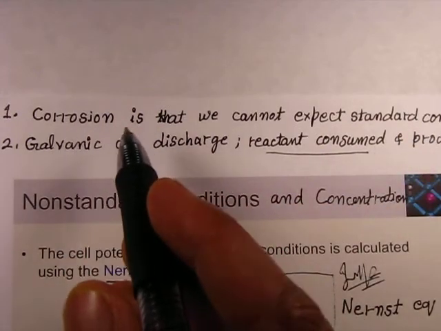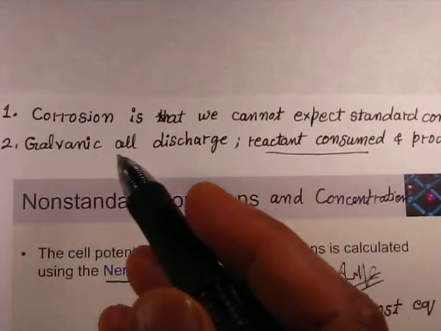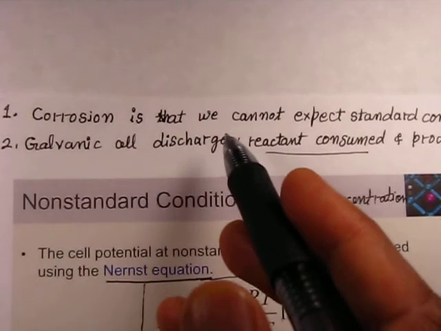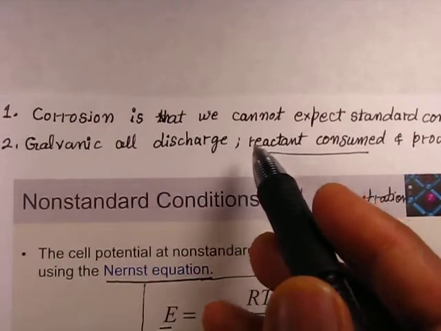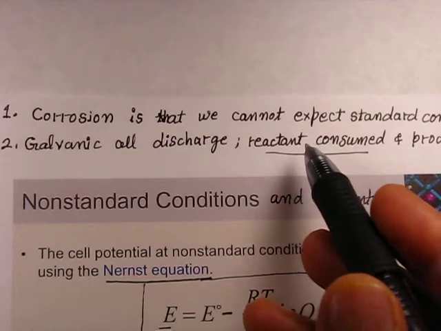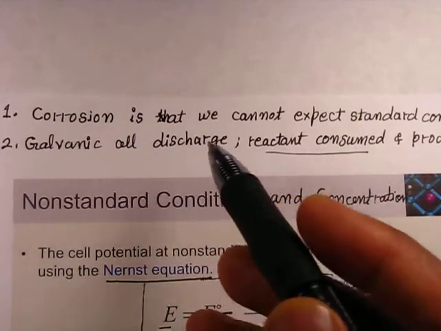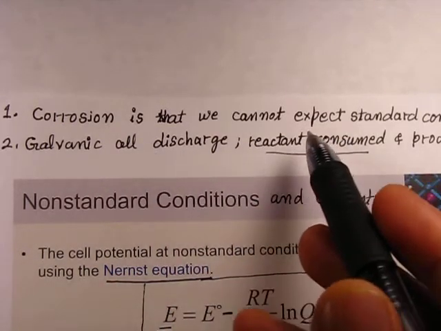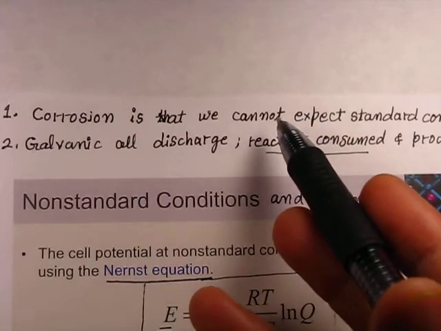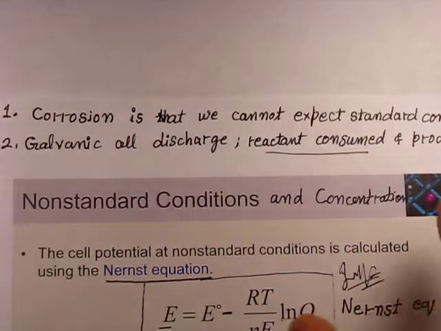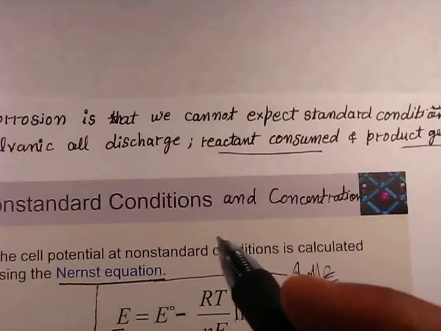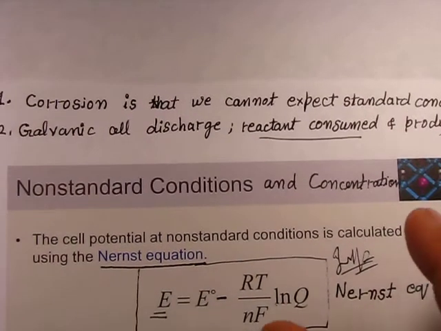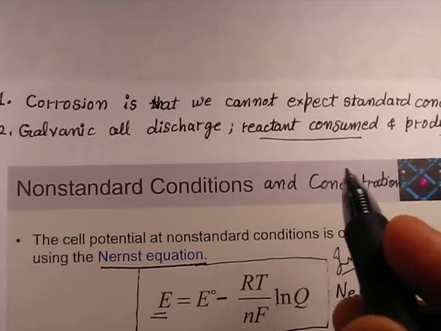As we have seen, corrosion and rusting both work like a galvanic cell, and if we have to calculate the cell potential for that type of corrosion or rusting, we cannot calculate based on the standard condition. So we need to understand how we can calculate under non-standard condition.